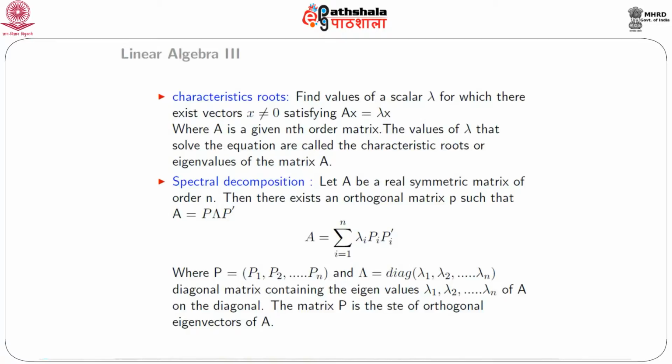In other words, A equals the summation i from 1 to n of lambda i p i p i transpose, where P equals [p1 to pn] and lambda equals the diagonal matrix with entries lambda 1 to lambda n. And here lambda 1 to lambda n are the eigenvalues of A. The matrix P is made of the orthogonal eigenvectors of A.